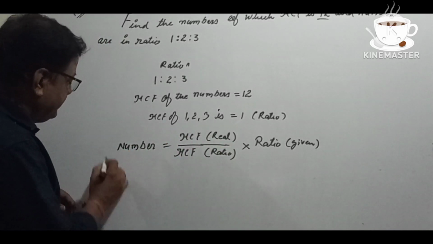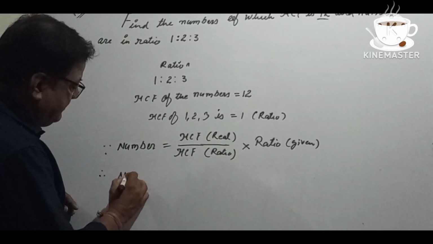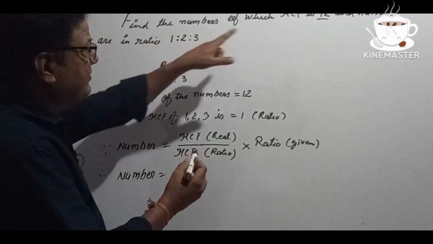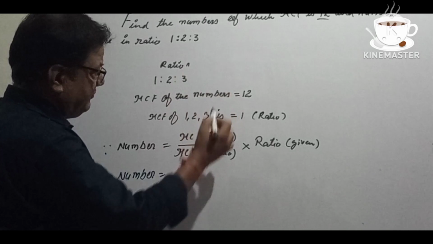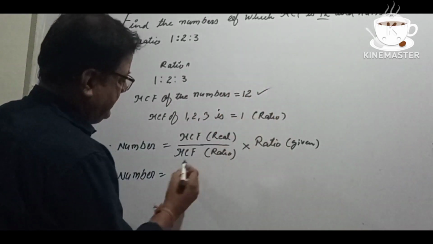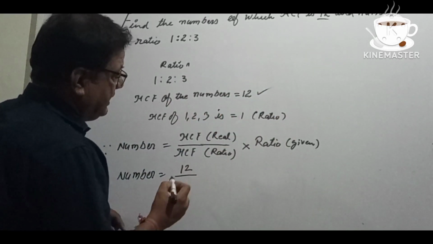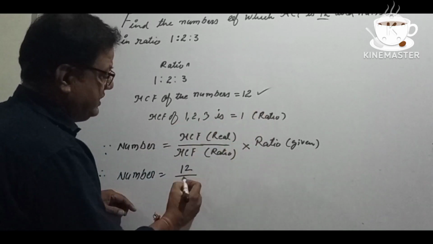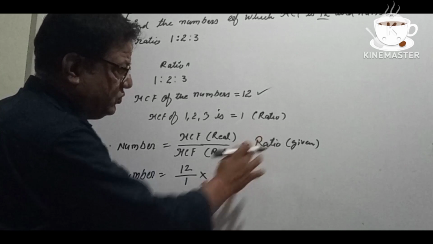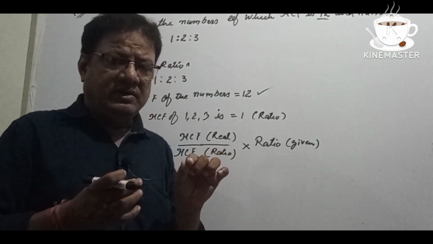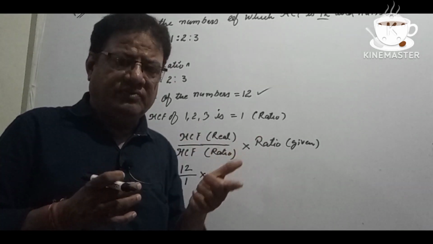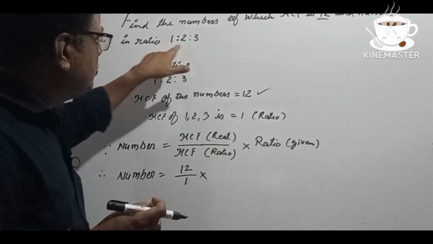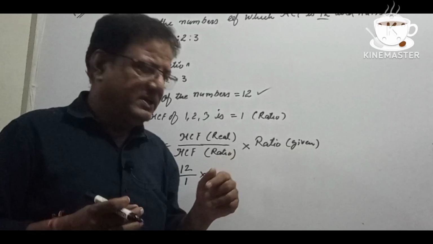Using this formula, number equals HCF real, which is 12, so we place 12, upon HCF ratio, which is 1, multiplied by the ratio given of the numbers we want to find. We want to find three of them respectively.